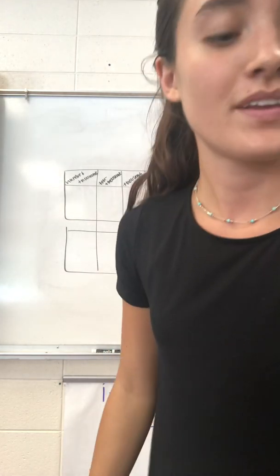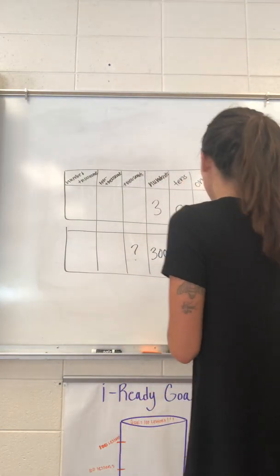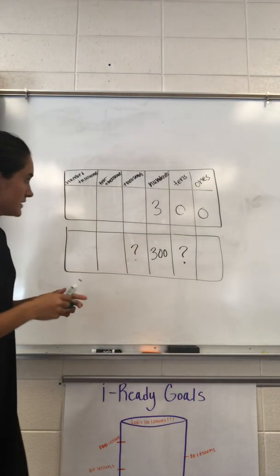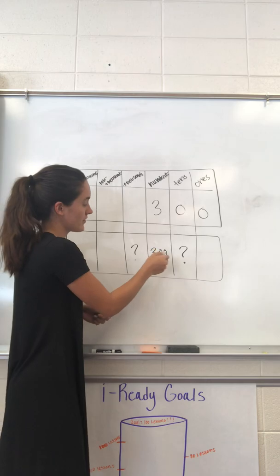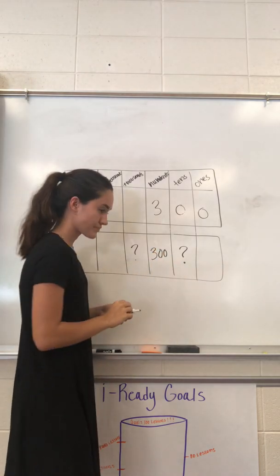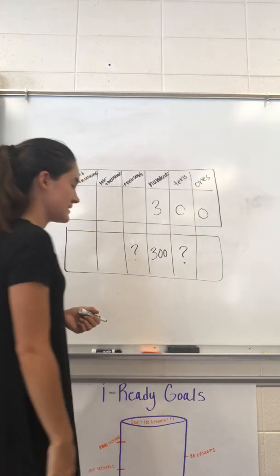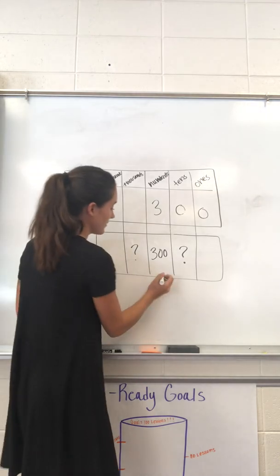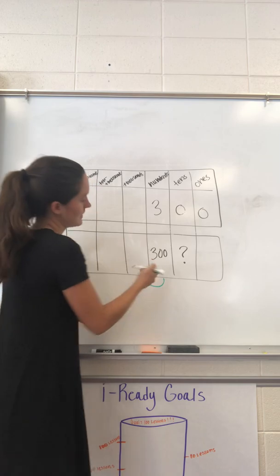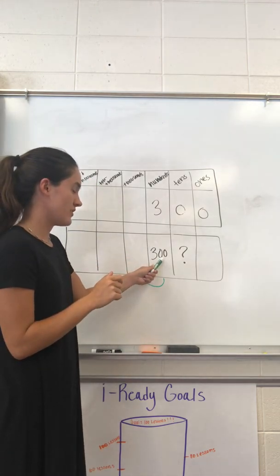Oh, they're right here. Okay, so we have the number 300. In the hundreds, that value is 300, right? So we want to find out what goes here and what goes here. We said on our anchor chart, when you move to the left, each digit is 10 times larger. So from 300 to this question mark, this section is going to be 10 times larger than this one.